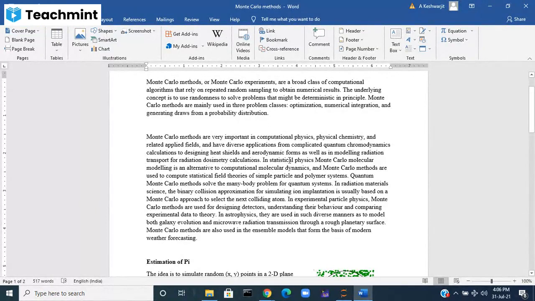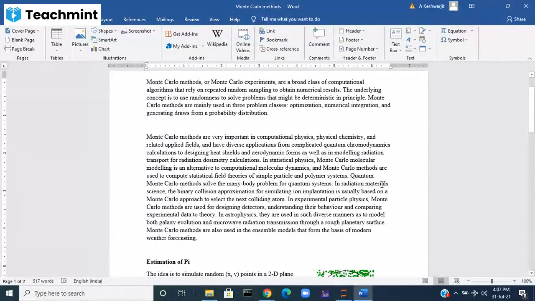In statistical physics, Monte Carlo molecular modeling is an alternative to computational molecular dynamics. Monte Carlo methods are used to compute statistical field theories of simple particle and polymer systems. Quantum Monte Carlo methods solve the many-body problem for quantum systems.